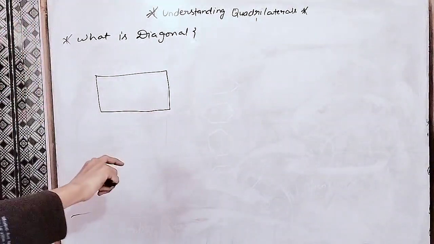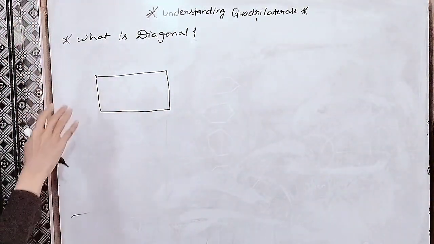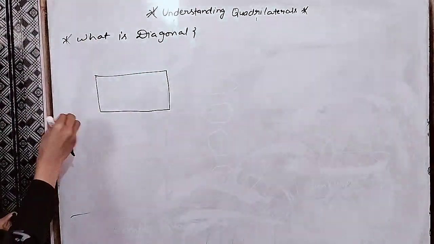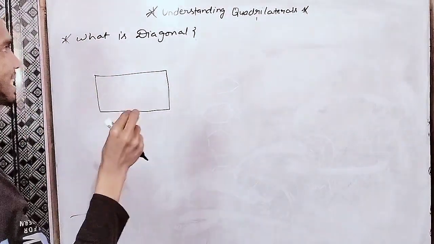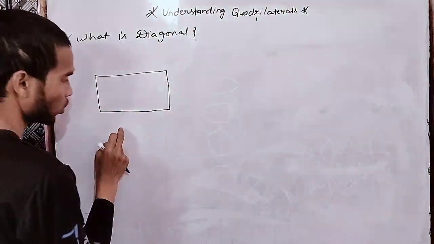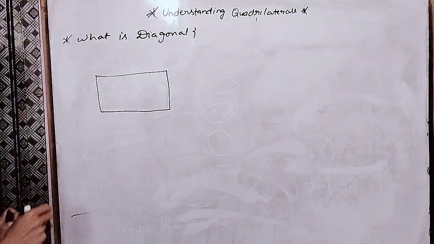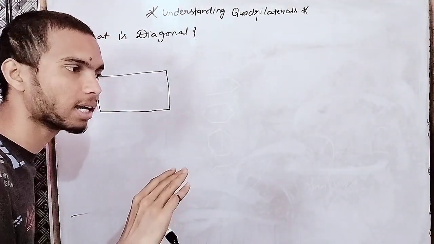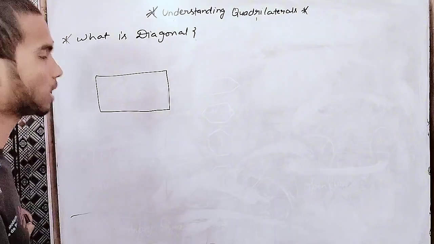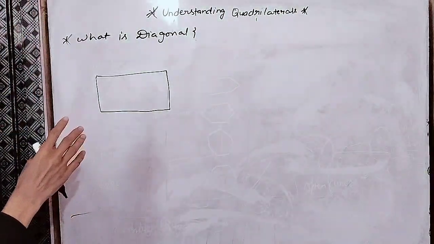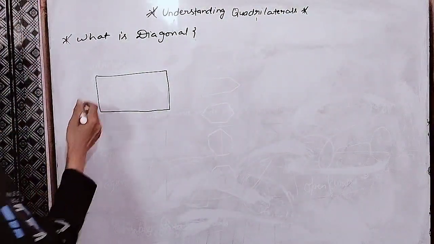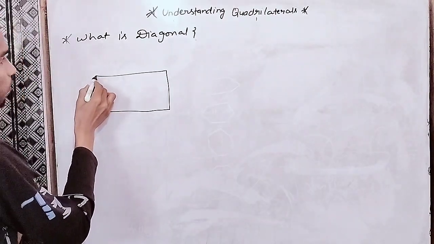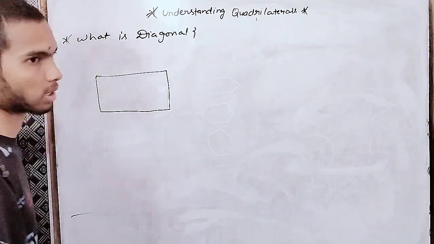But to understand this diagonal, we took a figure of a quadrilateral. In this case, you can realize the diagonal part. This is the figure of a quadrilateral. Now, the definition of a diagonal says that a diagonal is also a line segment, but the condition is that it will start from one vertex to the opposite vertex.